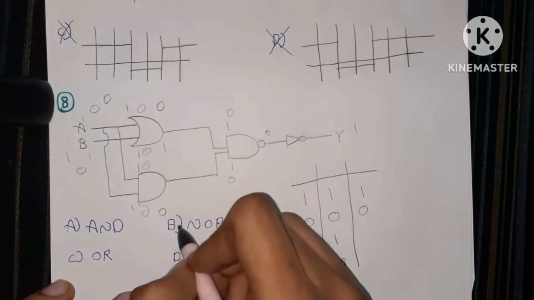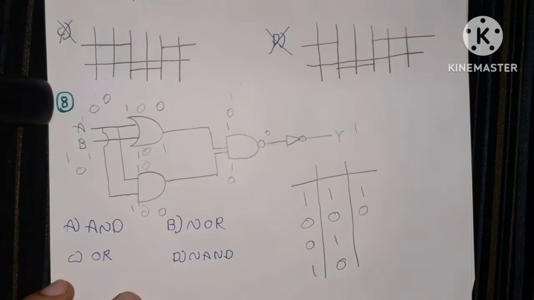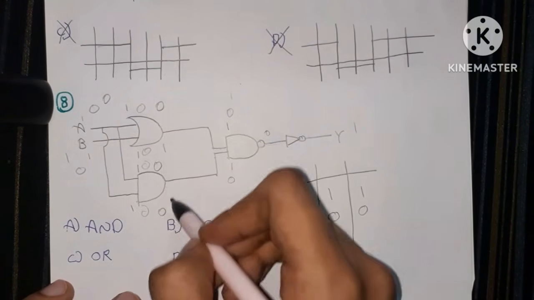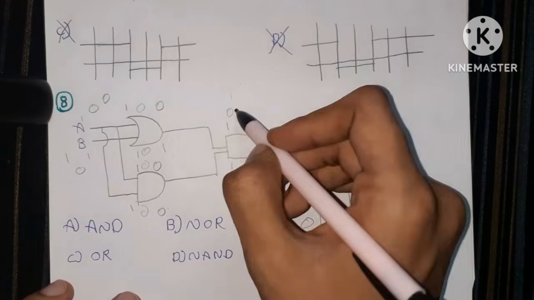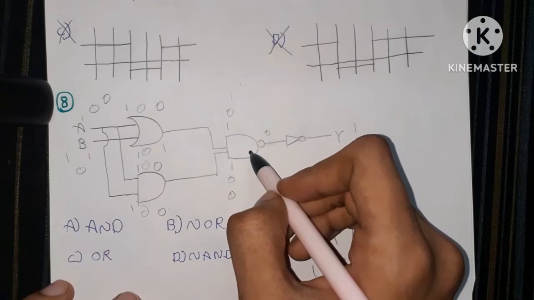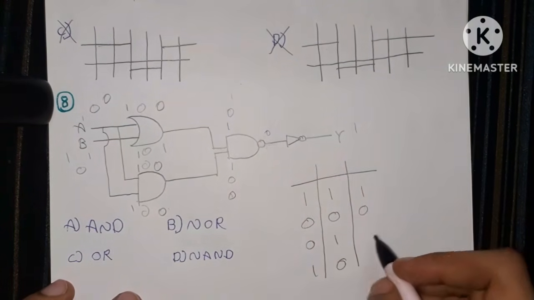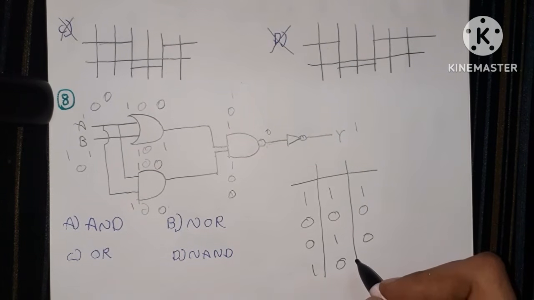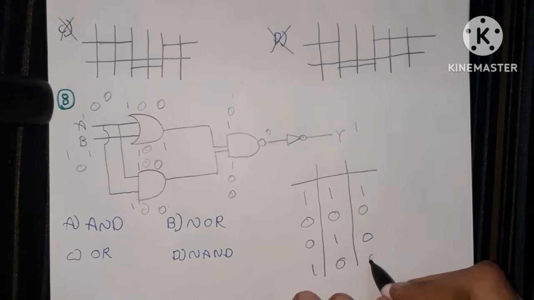Okay, next we are having 0 here, and 0 will come here and we are having a 0. 0 and 0 is 0, we are having a 0 here. 0 and 0 is 0, but it will transform into 1, again it is transformed into 0. With this, whatever might be the case, 0 1 or 1 0, the output is the same, which is 0.